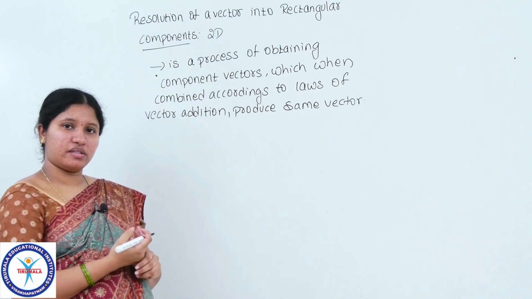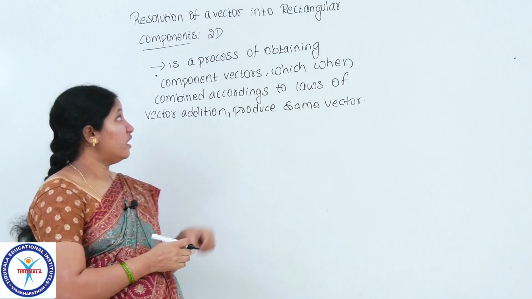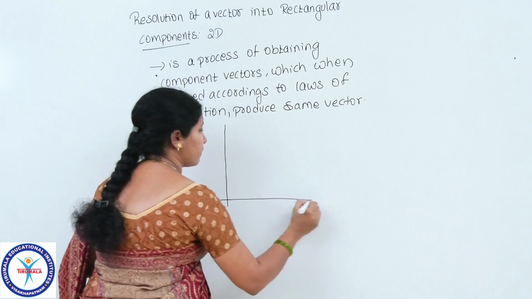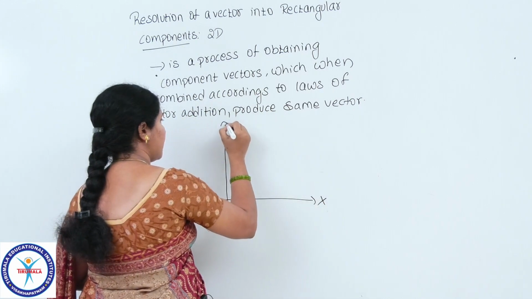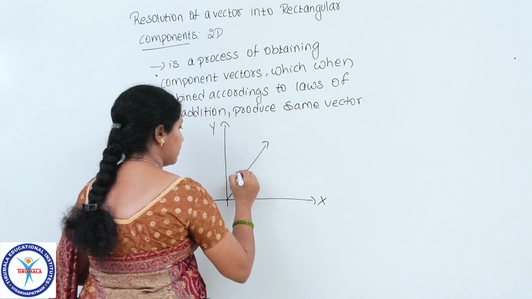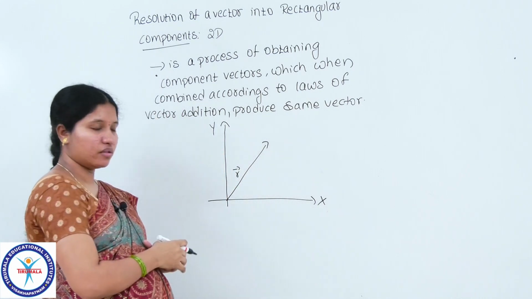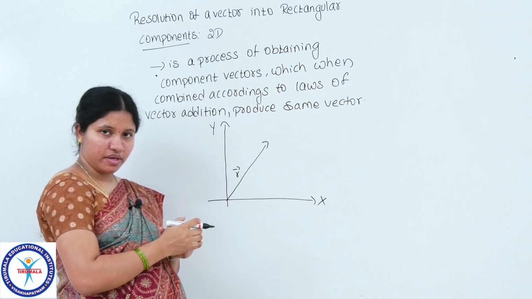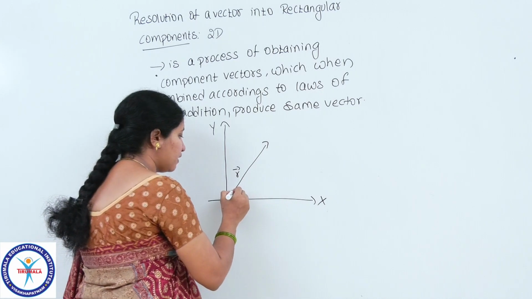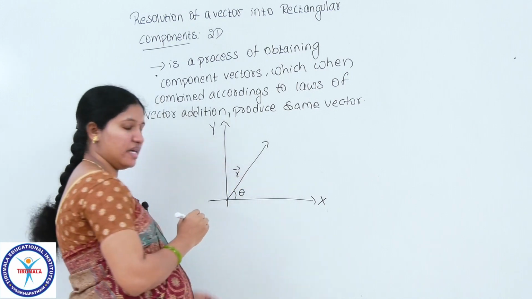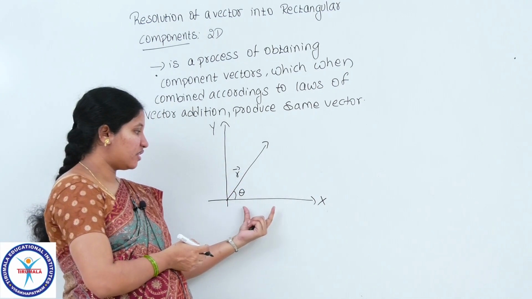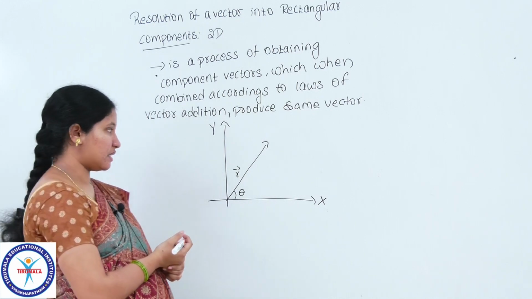So, let us consider a vector r bar in 2D, that is, let us take x axis and y axis and a vector r bar. This vector r bar is making an angle theta with the positive x axis.